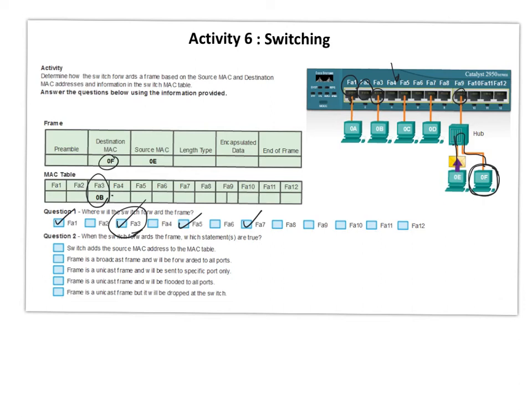The other question is, why do we have to forward the frame to port 3 even though the MAC table clearly states that port 3 has 0B? Again, this is a very interesting point. Actually, I got this very smart question from one of the students before, and this is a very nice question.